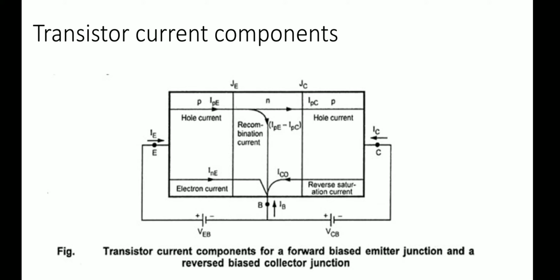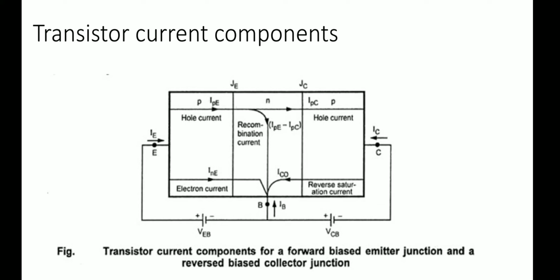That loss is represented as IPE minus IPC, and the remaining current reaches the collector, represented as IPC. Similarly, the electrons from the base that move towards the emitter give the current INE, the current at the emitter due to electrons. And the reverse saturation current is represented as ICEO, due to thermally generated minority carriers.